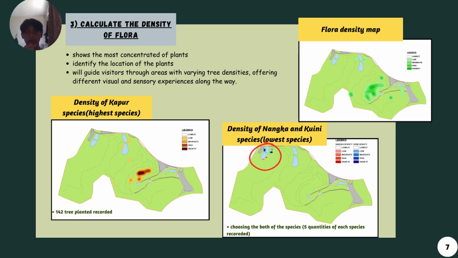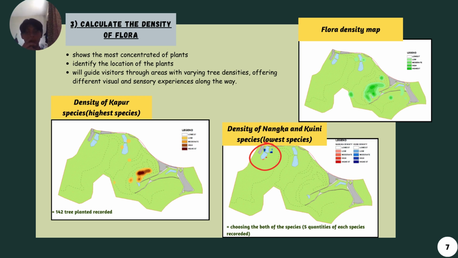The third analysis we use is calculating the density of flora species only, because we identify they can be calculated. Firstly we use it for the flora species overall. We can see from the legend that a darker green shows the highest density.